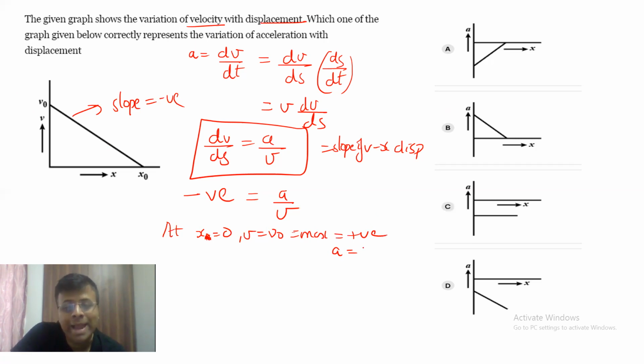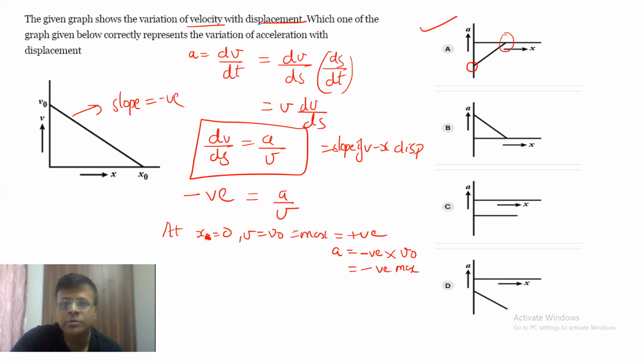And negative into v naught, that is the maximum value, so it will be at the negative maxima. So look at it. The only graph which is suiting this concept is this one. At x equal to 0, your acceleration is at negative maxima here.